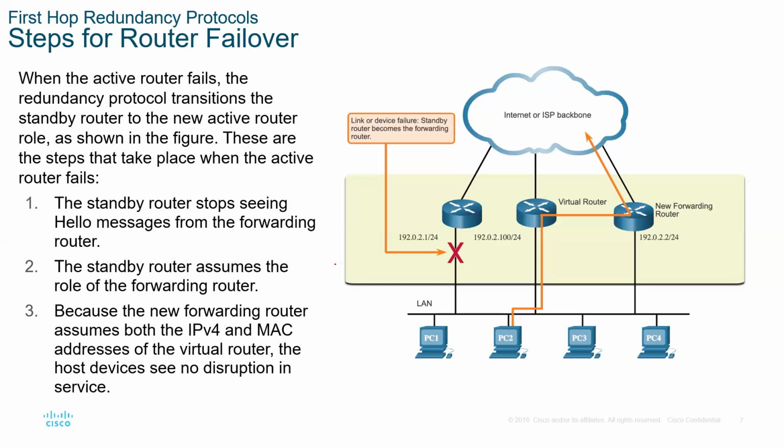Right, so like I was saying, this is one of the functions of the protocols. There is an exchange of messages so that we can determine when the standby router comes in and becomes the active router.